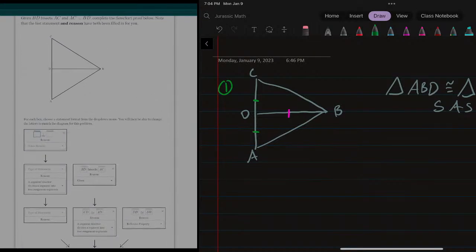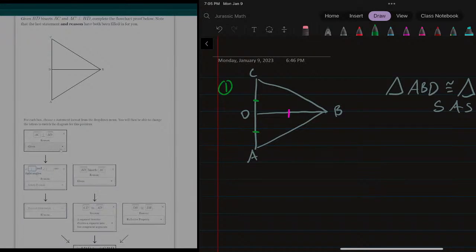We want perpendicular. We want to say AC is perpendicular to BD. That's our given. Now, we can say that they're both right angles, because if something is perpendicular, it means that it's going to be 90 degrees.